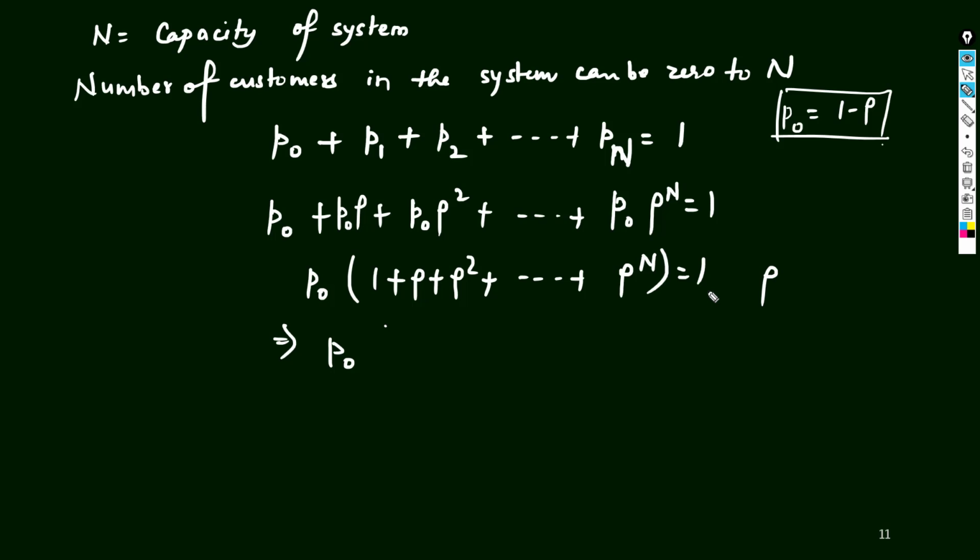Why did I say that? Because in this case, since it is a finite queue length model, if n customers have already joined, even if rho is greater than 1, that means lambda by mu is greater than 1, that means lambda is greater than mu. Arrival is more and service rate is less.